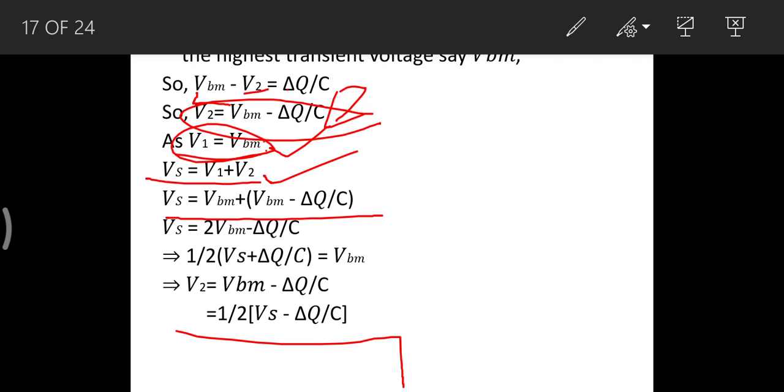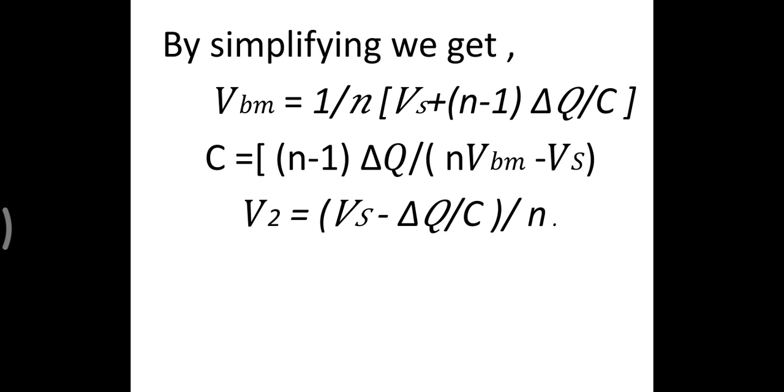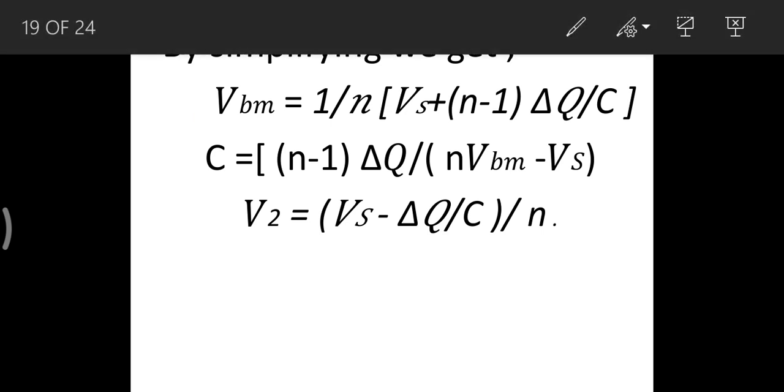But if n number of SCRs are connected in series, at that situation we have the formulas for V1. This VB1M is nothing but V1, and this is the capacitor across each SCR, and V2 is nothing but the voltage across each SCR.